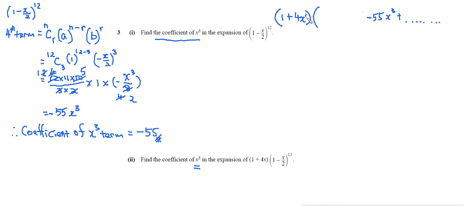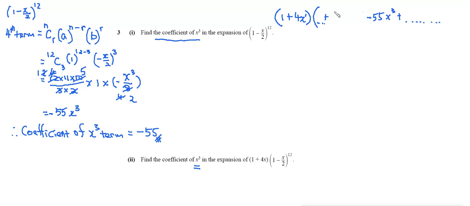Why do we need that? Because we're going to multiply it with the 4x term, which will create another x3 term. So we have to do that. Now, to obtain the x2 term, basically you're looking at the third term. The fourth term creates the x3 term, so the third term will create the x2 term.